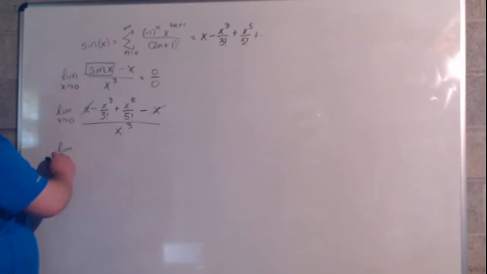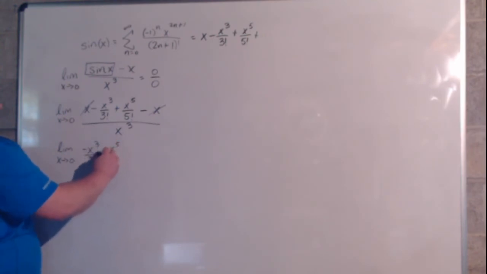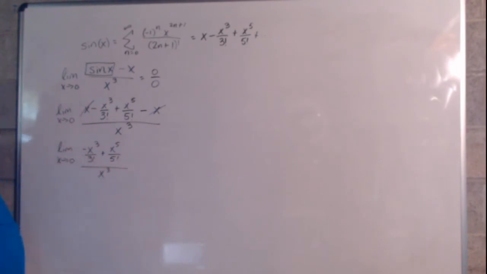I then am left with this. And what I'm going to do here is divide each one of these by x cubed. So x cubed divided by x cubed is going to become 1. X to the 5th divided by x cubed is going to become x squared.